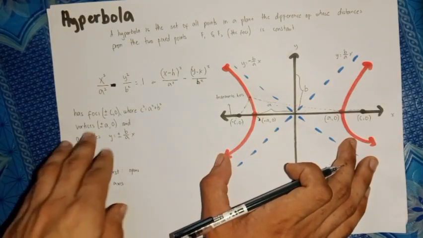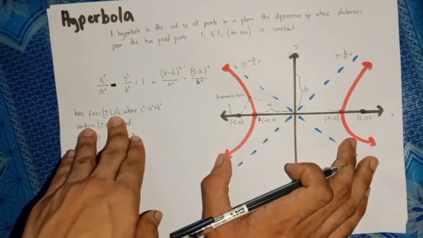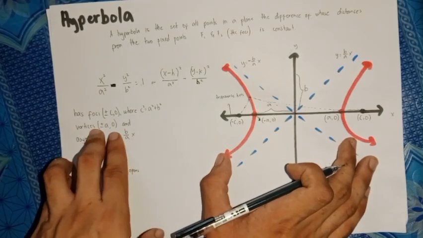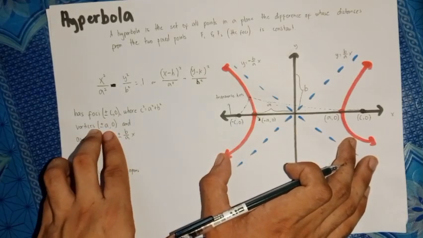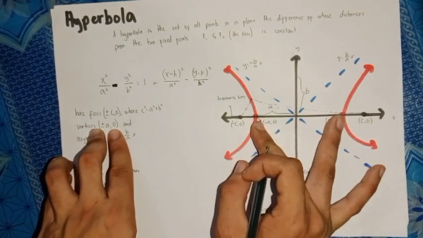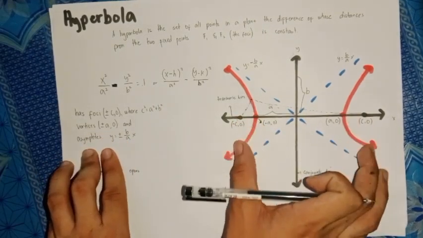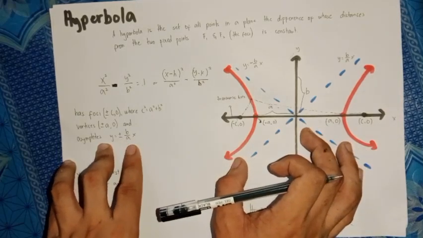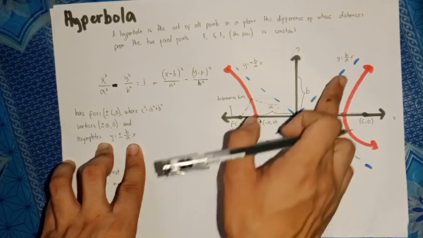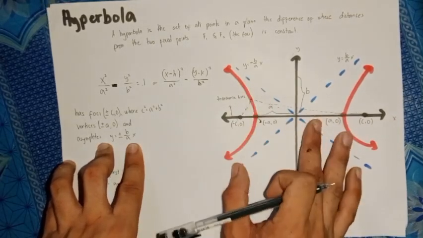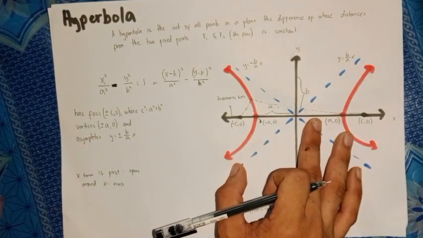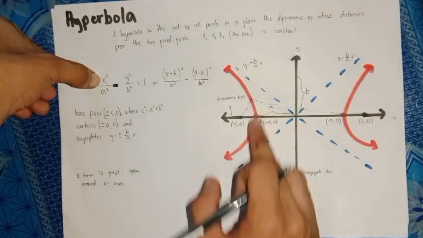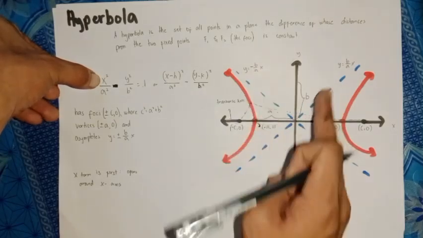Now, it has foci (c, 0) and (-c, 0), where c squared is equal to a squared plus b squared. Vertices are (a, 0) and (-a, 0). These are the vertices, these are the foci. And the formula for the asymptote is y equals positive or negative b over a x. Now remember that if the x term is first, the hyperbola opens around the x-axis, or we have a horizontal hyperbola.